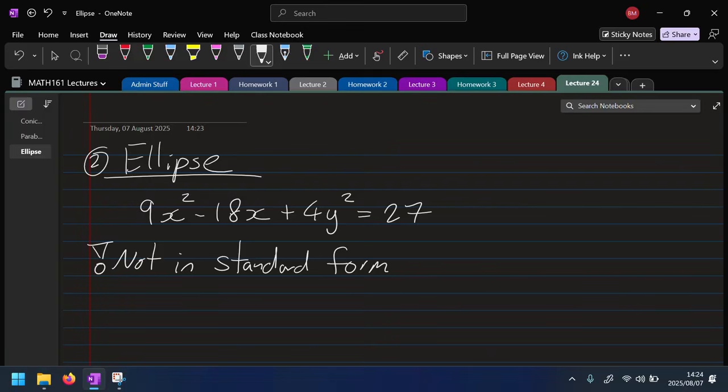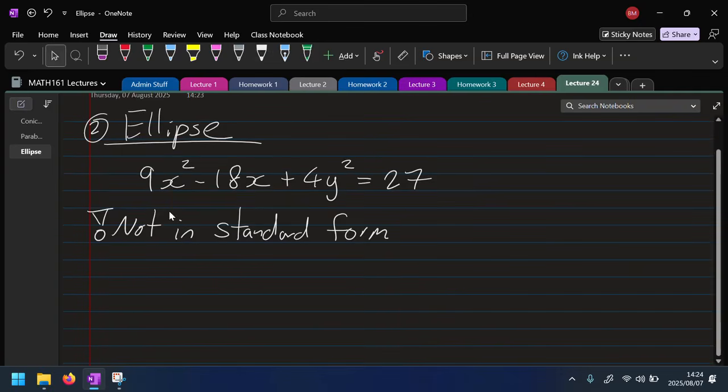If you have a look at the tutorials, most of them are given in a non-standard form. So before you do anything, you have to write it in standard form, and then you can continue. So please just keep that in mind for the tutorials. So it's not in standard form, and we want to write it in standard form.